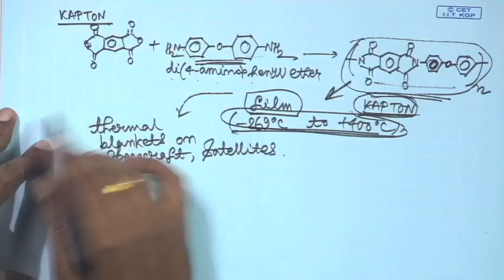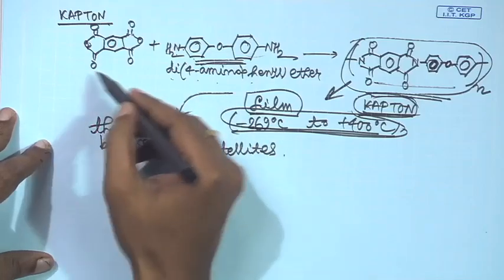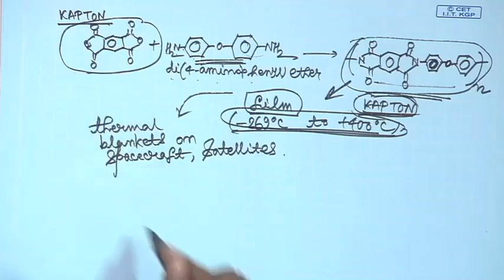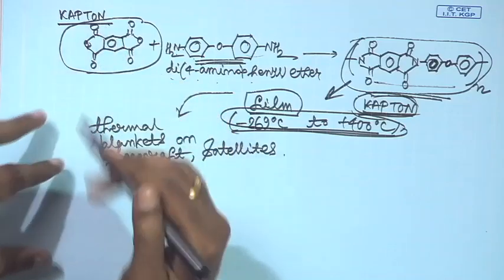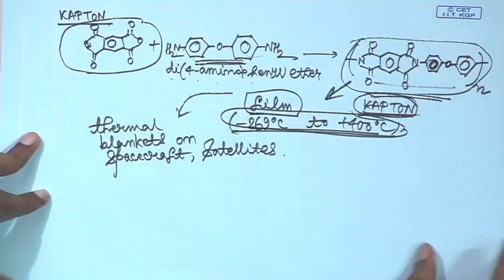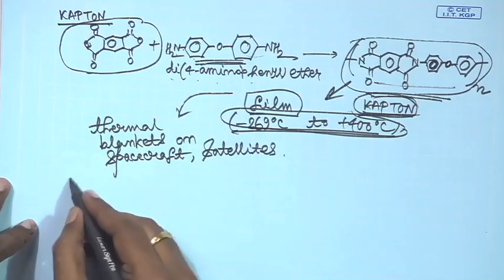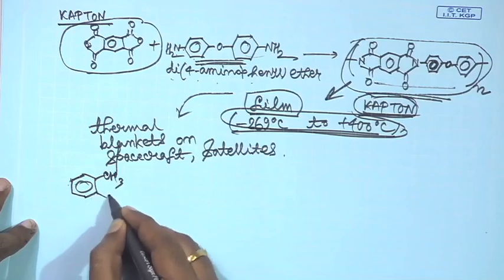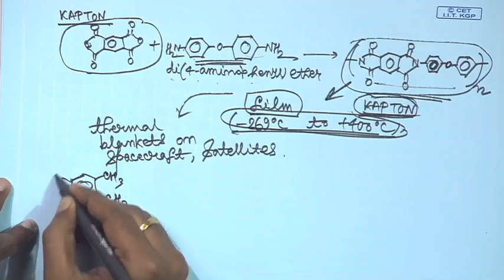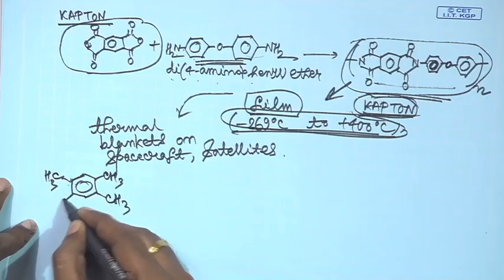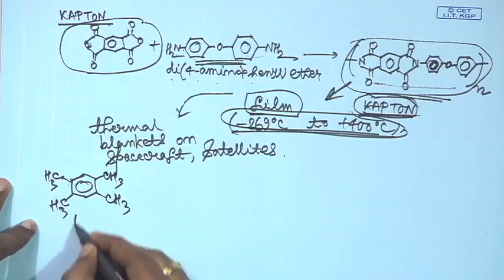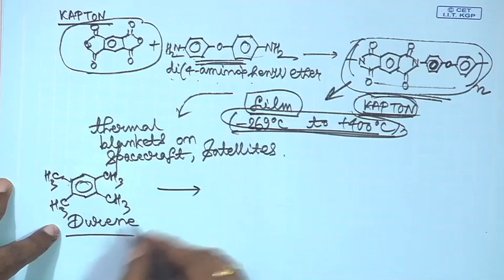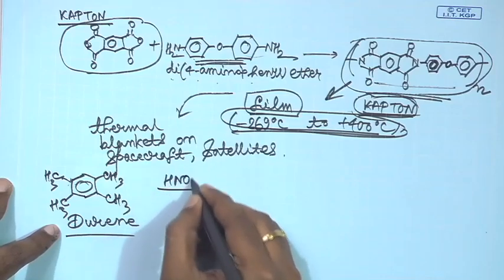And in fact, the reactant, say for example, we are talking about this pyromellitic dianhydride, but we did not tell how it is prepared. This reactant, although it is quite costly, is still readily available. How do you prepare this material? So, you start with, of course, the corresponding methyl substituted benzene. This has a name, it is durene, and you oxidize with nitric acid.